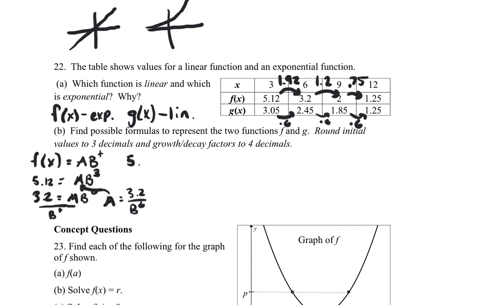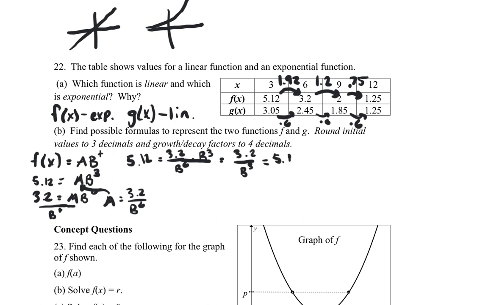So 5 is equal to... and here we have some divisions of b to the 3 divided by b to the 6th. So that will be equal to b to the 3 down here, because they'll subtract.